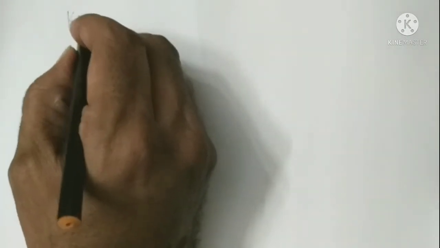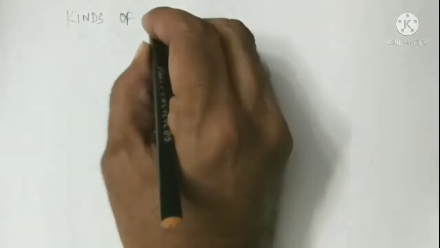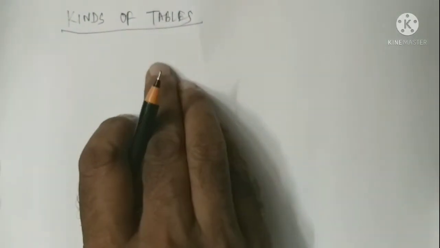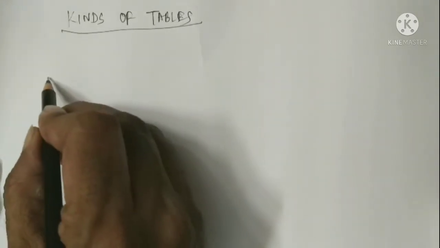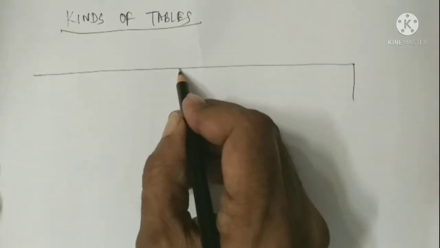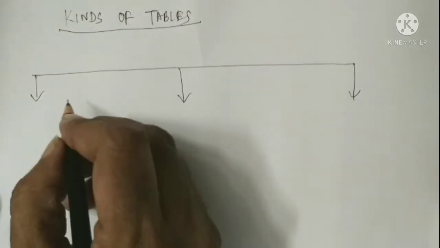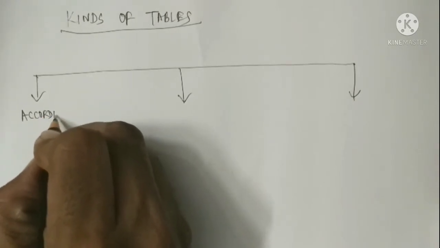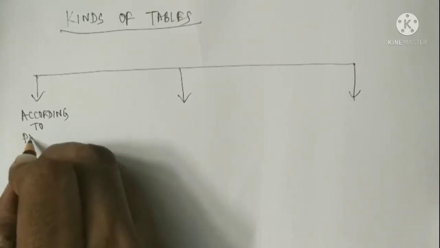Here are the kinds of tables we are talking about. Kinds of tables can be classified as follows. First, we draw the section. In the first part we mention according to purpose.